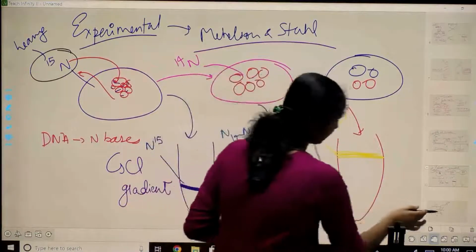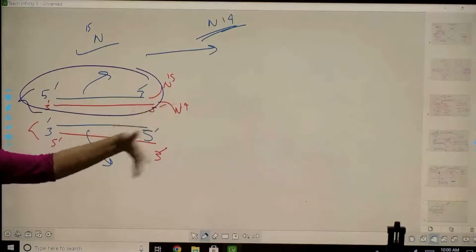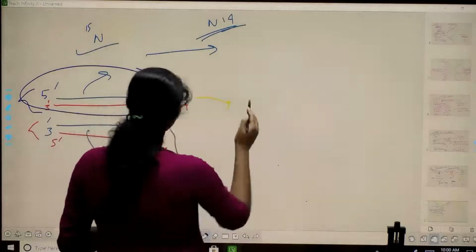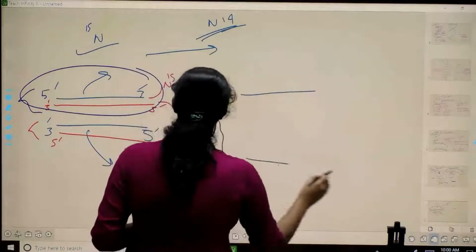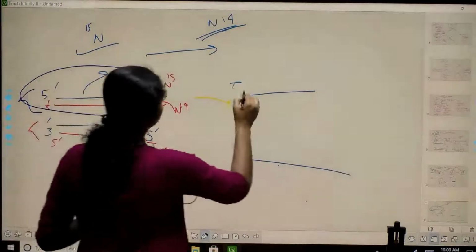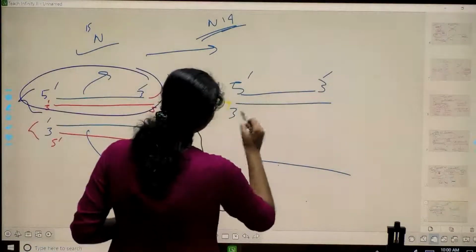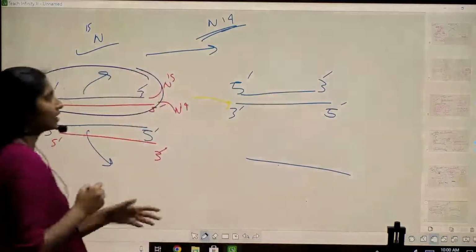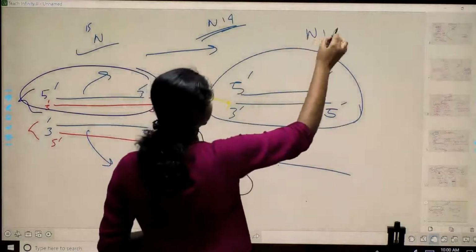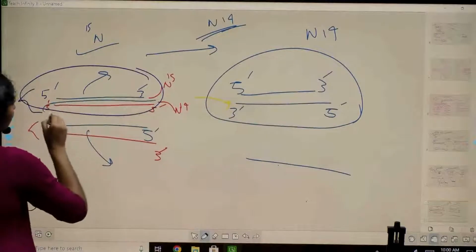Okay. Again, what you can see is, after you grow the bacteria for many generations, what will happen is, suppose this is the particular strand of DNA, now the new DNA that would be synthesized would again be N14, right? So we would get an N14 band. No hybrid is there, N14, right? But here again this strand can also act as the template strand.